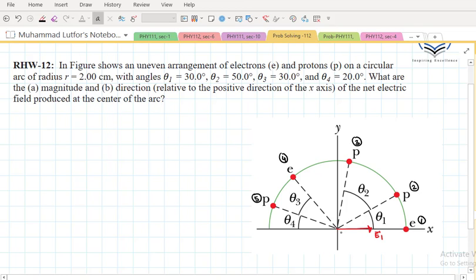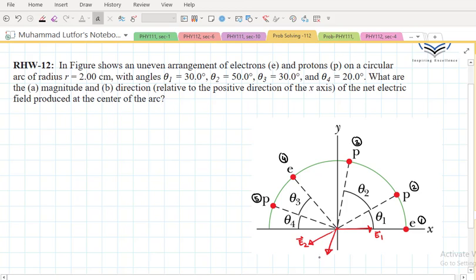Particle 2 is positive, a proton, so its electric field would be towards that direction. I label that E2. Particle 3 is again a proton, positive, so the electric field for that one would be towards that direction.